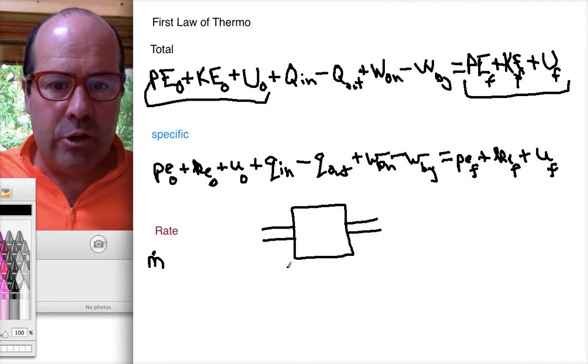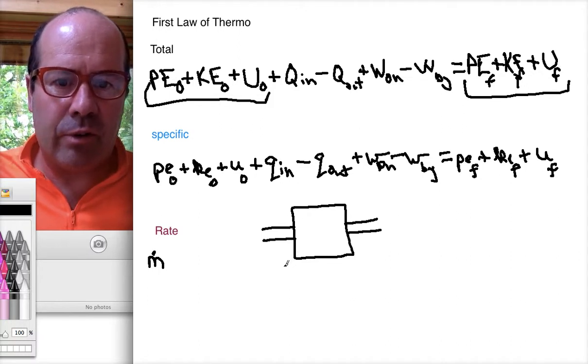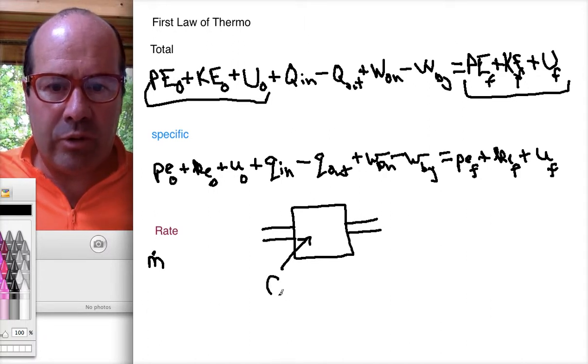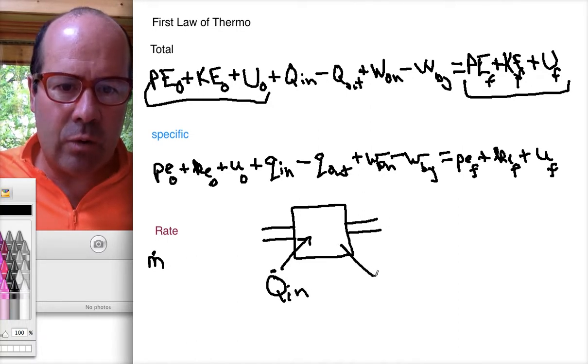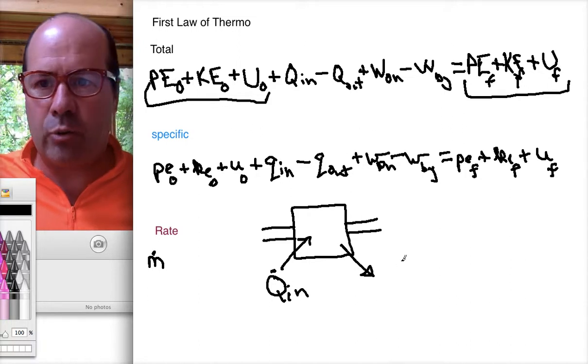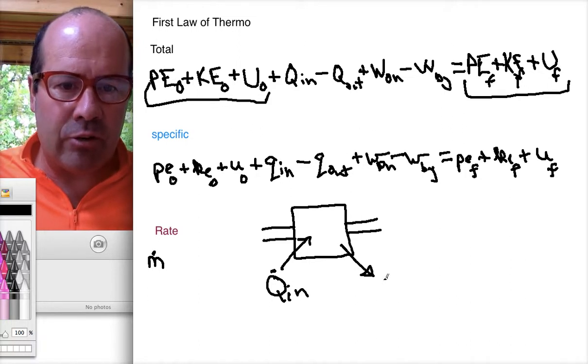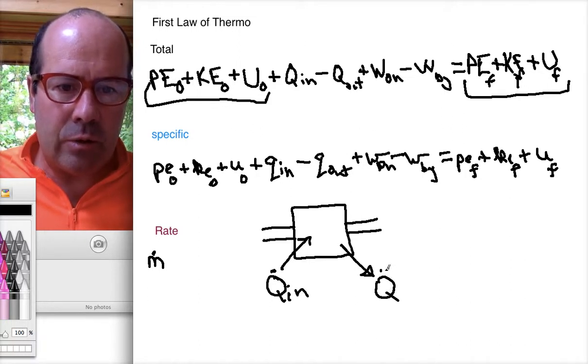So we could do any of those things of putting energy in, and with rate we would say, well, that's Q dot in. Or we could take some energy out. Maybe it's warmer than its surroundings, so heat is being transferred out. Q dot out.